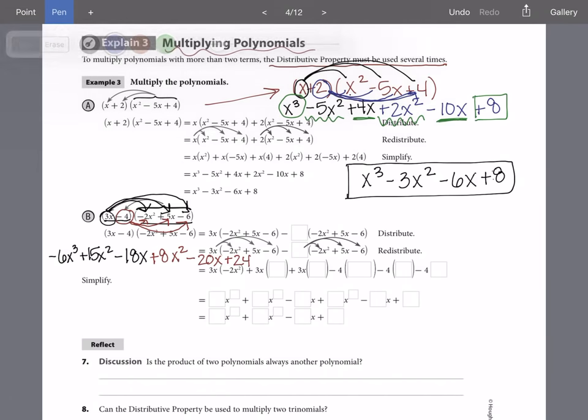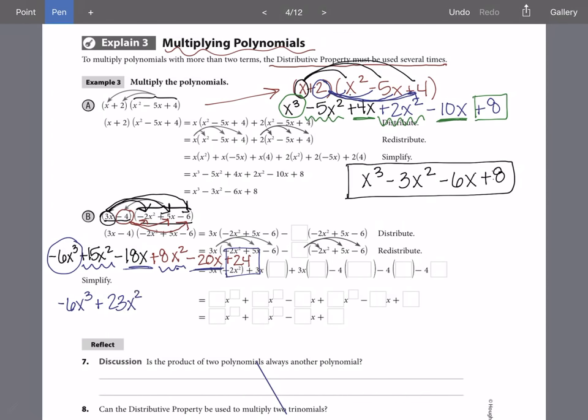Okay, so now I'm going to go through and find like terms. So I have x squared, I have an x, and I have an x. So again, I don't have another constant, and I don't have another x cubed. Okay, so I get negative 6x cubed. We have 15x squared plus 8x squared, so I'm going to get plus 23x squared.